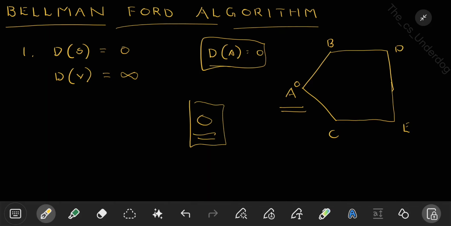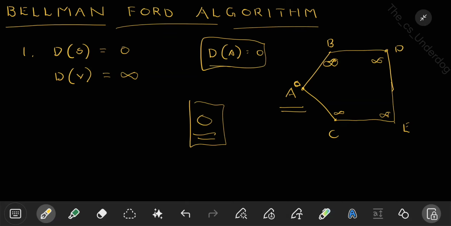So with 0 edges, I can only stay in the source place. I can't go anywhere with 0 edges. So to the source, distance is 0. So that is already updated. But if I want to find distance to any other vertex, I should have at least one edge in my shortest path. So that is why as of now, to all other vertices, I will say it is infinity. The distance to all other vertices will be infinity.